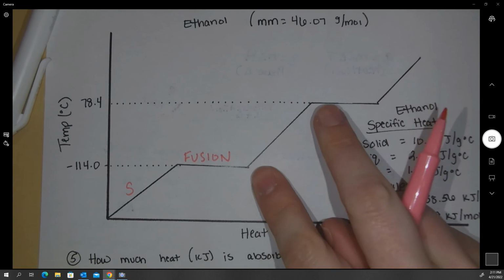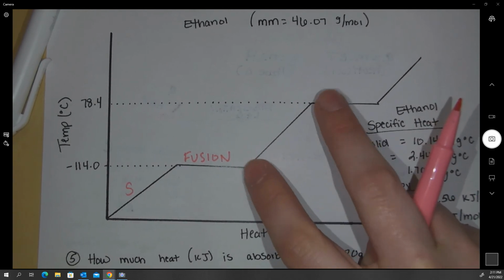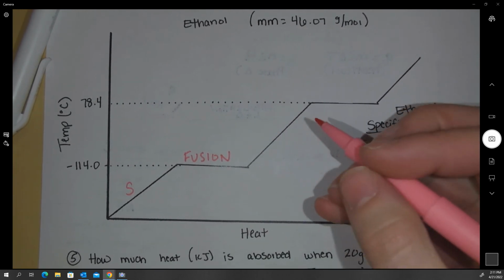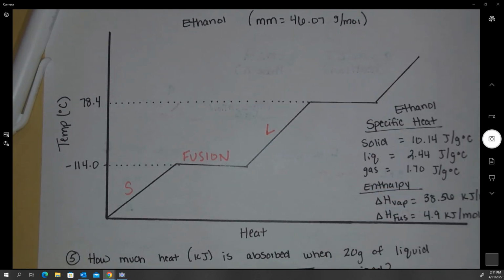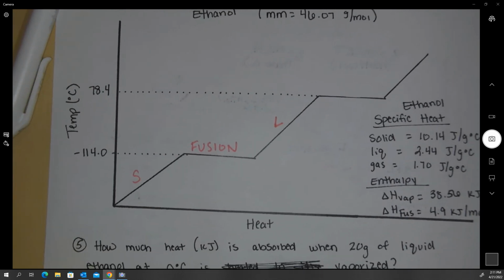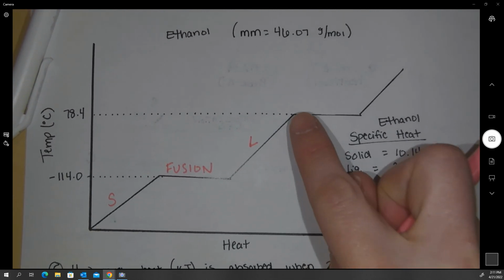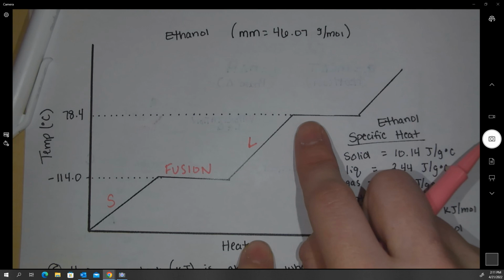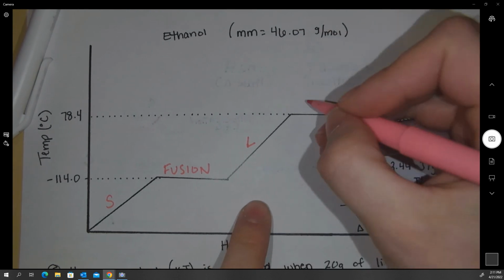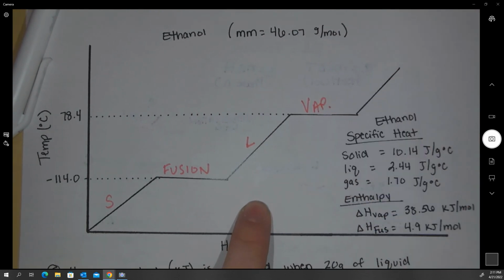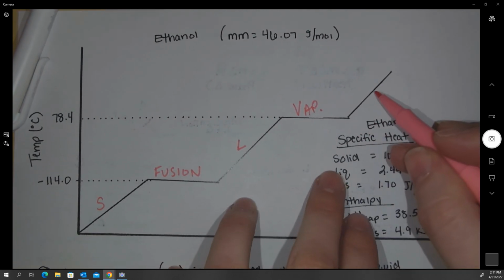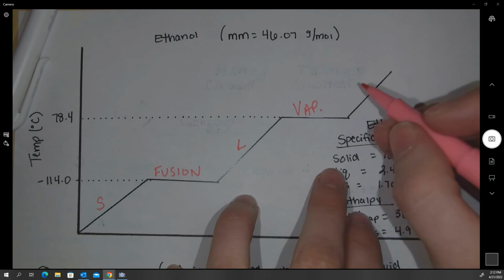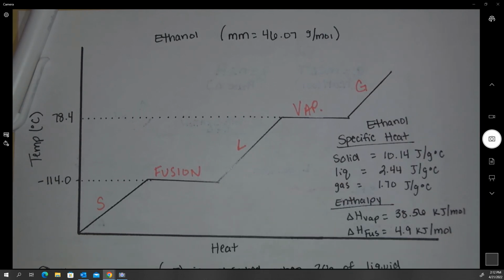Between negative 114 and 78.4, what state of matter is ethanol? Heat, yes, it is heat, but the state of matter is liquid. It's okay. At 78.4, what happens to ethanol? It can vaporize. And above 78.4 degrees, what is it going to be? A gas.